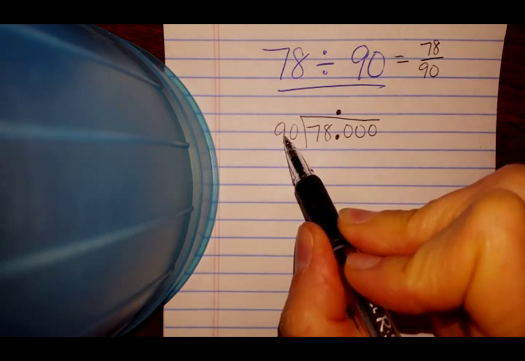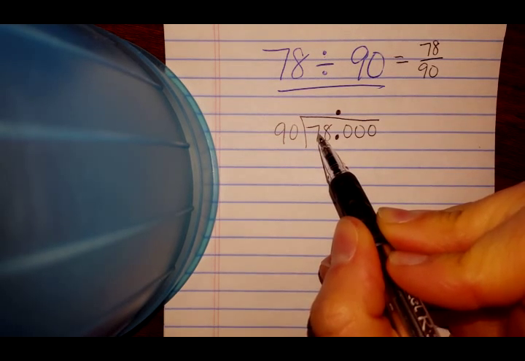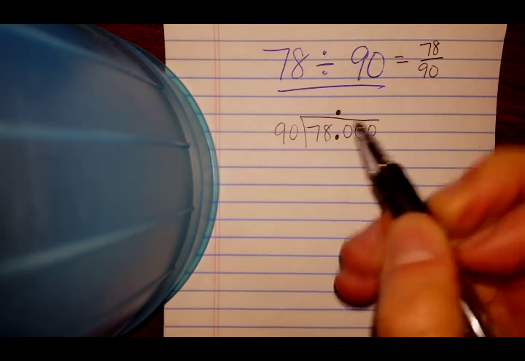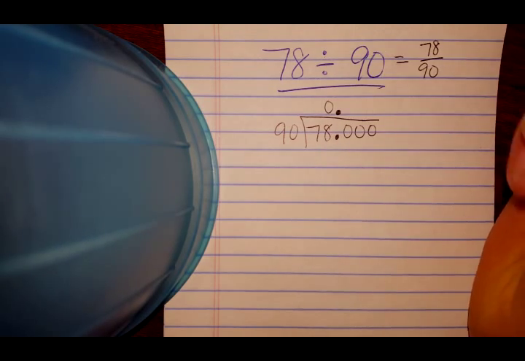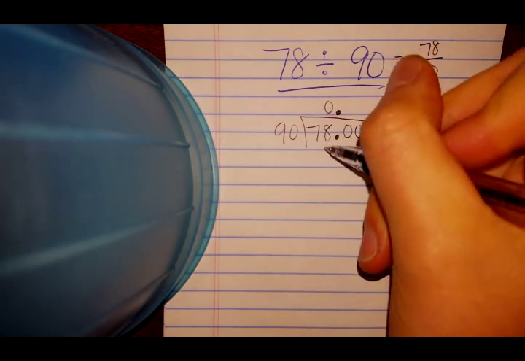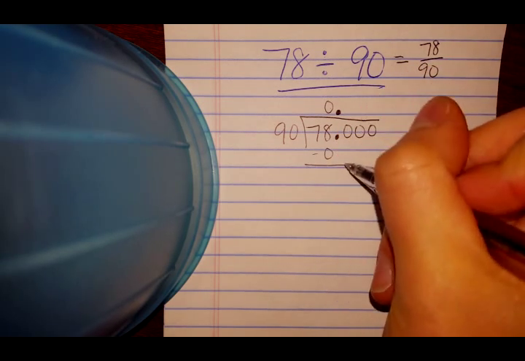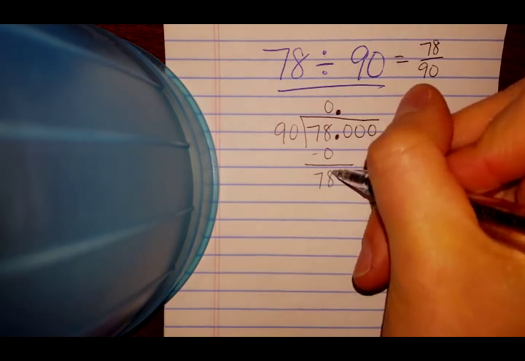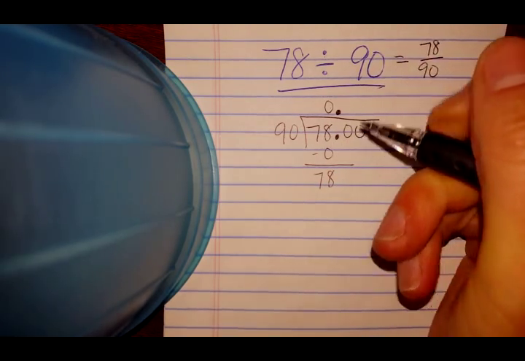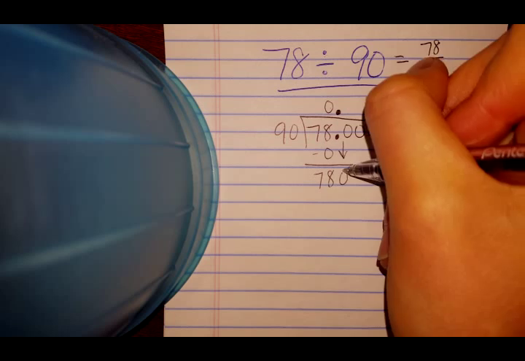For example, 90 doesn't go into 7. It doesn't go into 78. I know there is a hidden 0 here. So 0 times 90 is 0. And if I subtract 0 from 78, I get 0. And I could bring this 0 down.